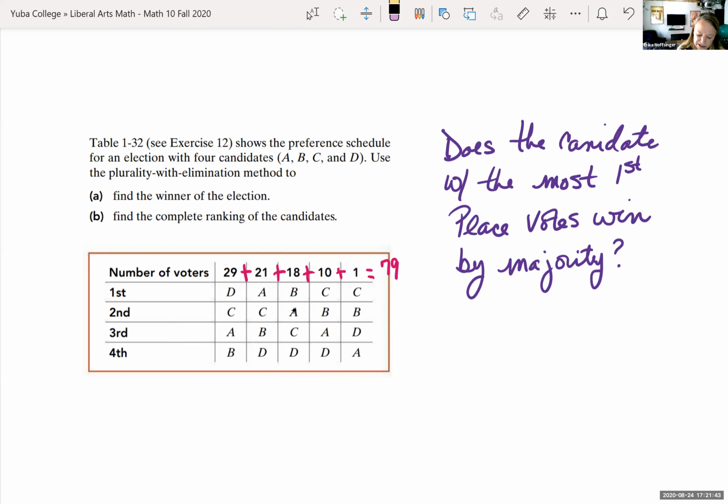So remember, we looked at the number of votes for each one. We got that D was equal to 29 votes. They were the first place. They got the most votes for first place.